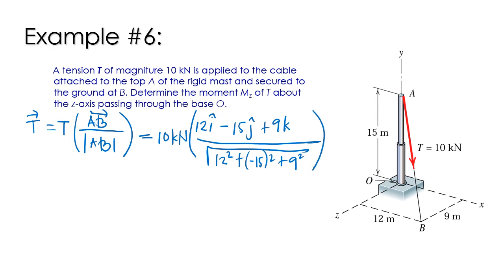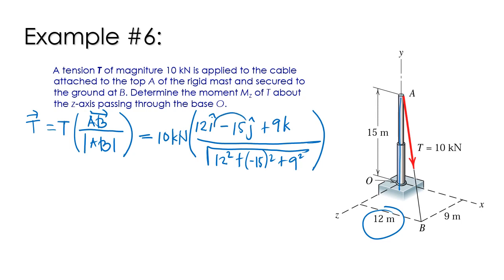So where do this 12, negative 15, and 9 come from? If you look at the figure, since T is directed downward, the x coordinate is positive 12. From A to B, the y is negative 15 units, so down by 15 units.